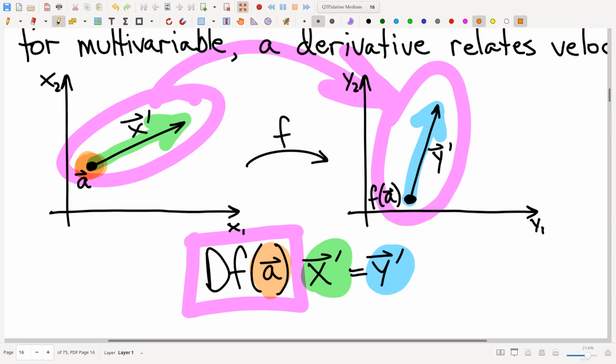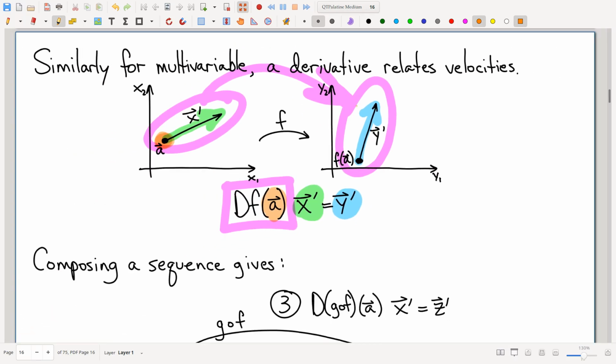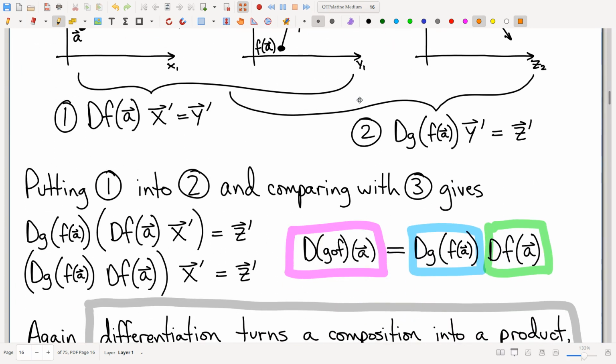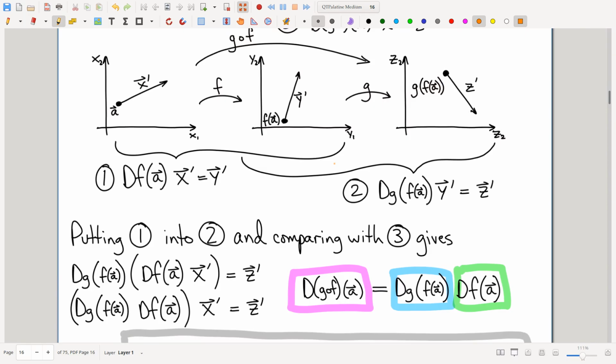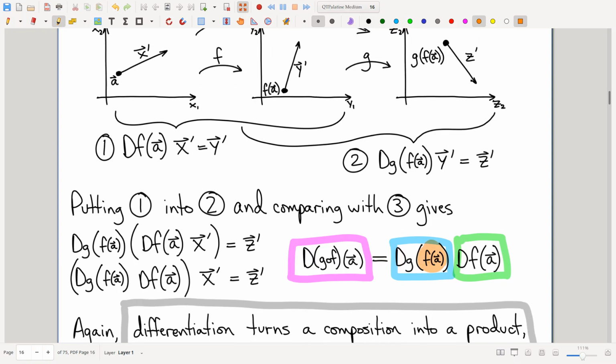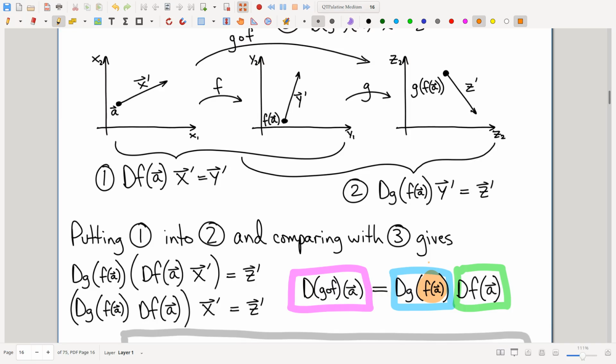Reasonable, anyway? So now with that in mind, let's come back to the matrix form of the chain rule and notice there is a little subtlety I kind of swept under the rug. Two of the three of these matrices are evaluated at A. What's going on here? Why is DG evaluated at F of A, not at A? Well, let's look at what DG does.